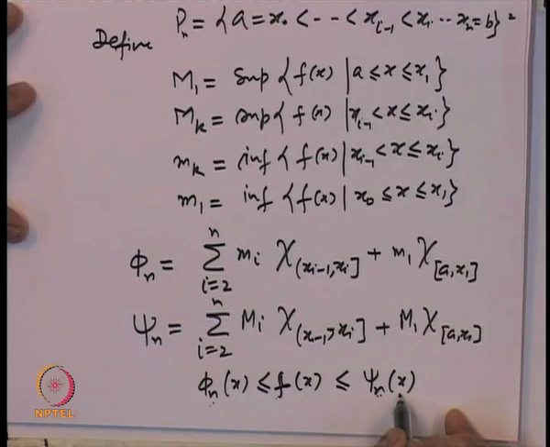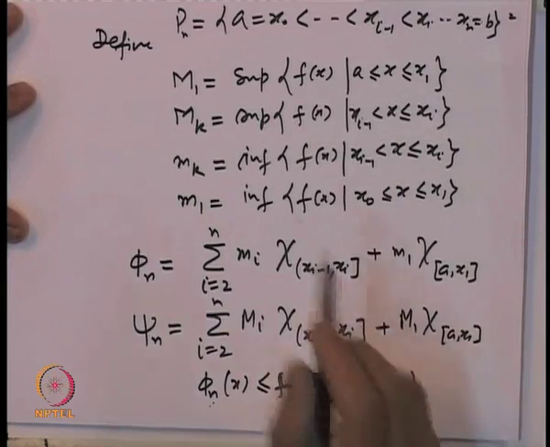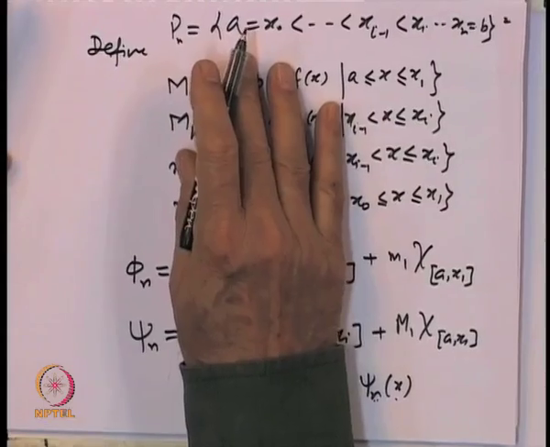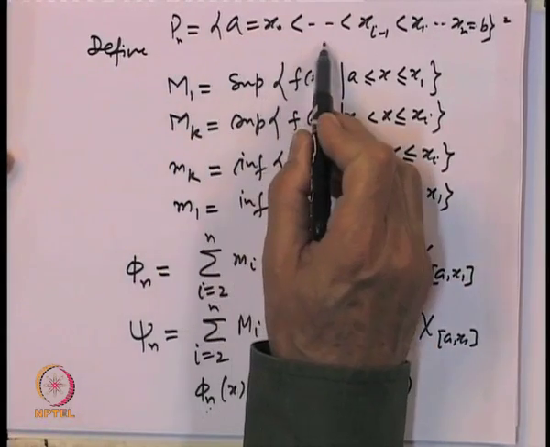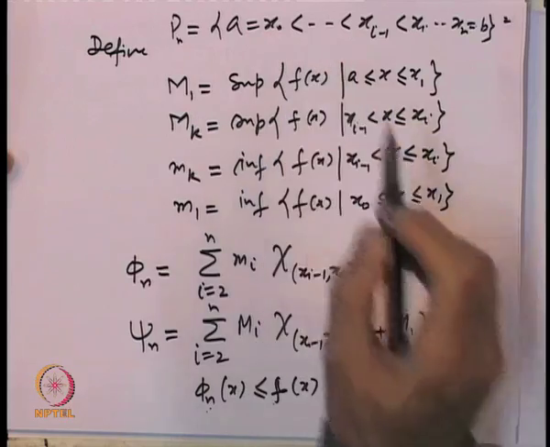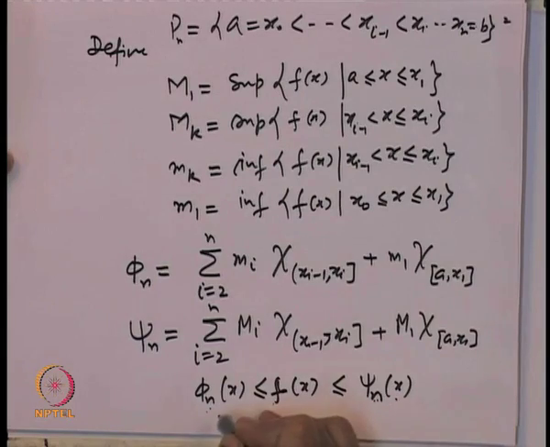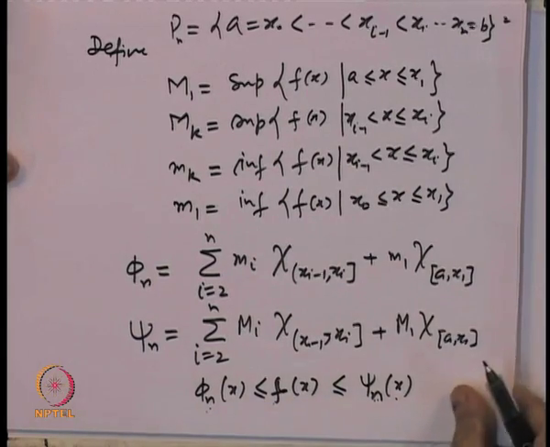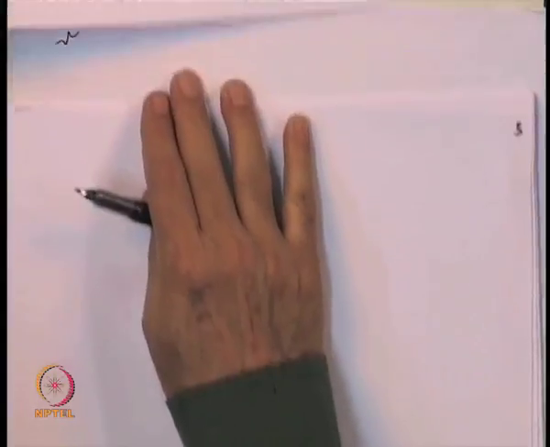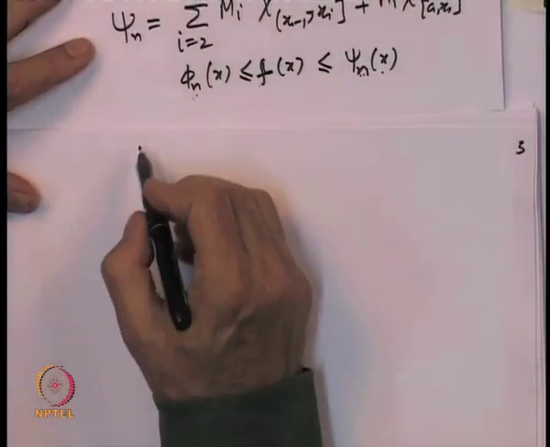And since our requirement was that Riemann integrability implies that the sequence P_n of partitions is a sequence of refinement partitions, that implies that the sequence psi_n will be a decreasing sequence and phi_n will be an increasing sequence. So, let us write that observation.